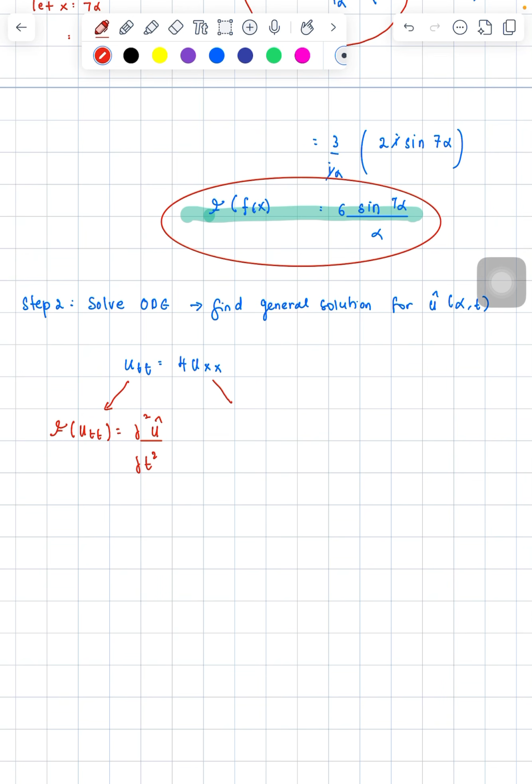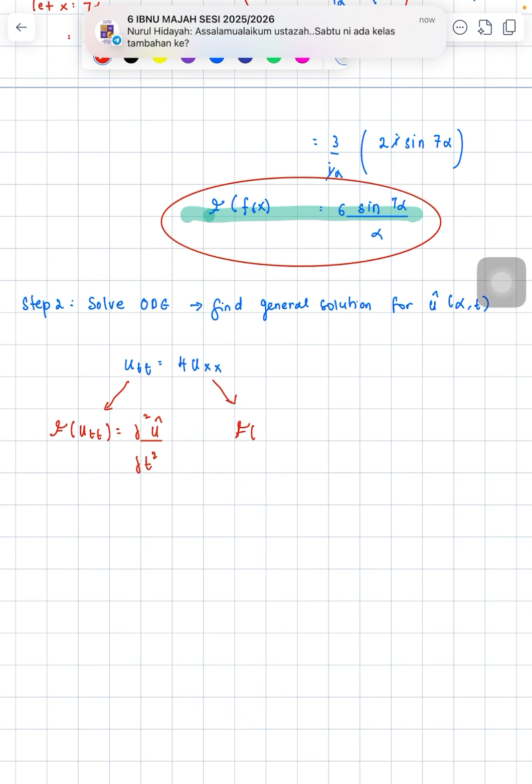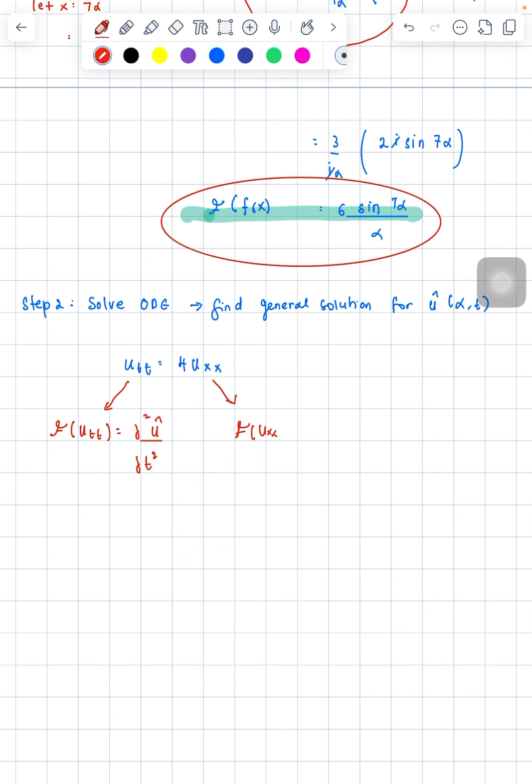And the Fourier transform of u_xx equals negative alpha square u hat.